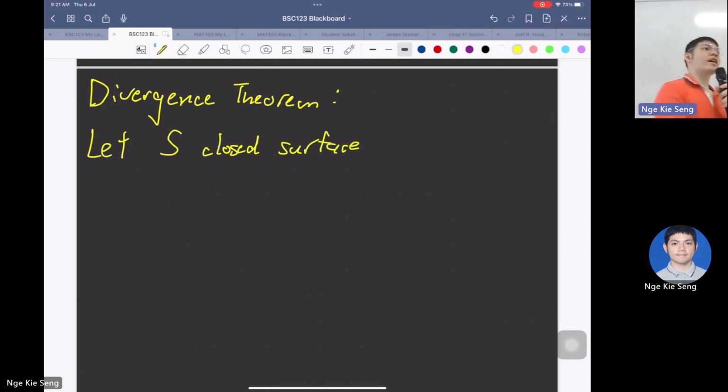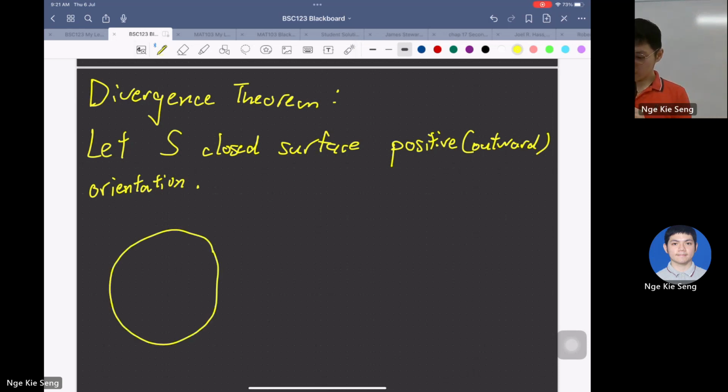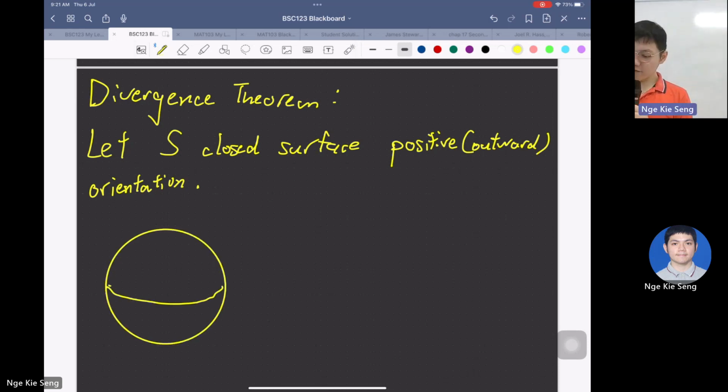In line integrals we have positive orientation. For a surface, how do we take positive orientation? The positive orientation we consider here is the outward orientation. Does outward orientation make sense? For a closed loop, the easiest example is a circle. For a closed surface, the easiest example is a sphere.